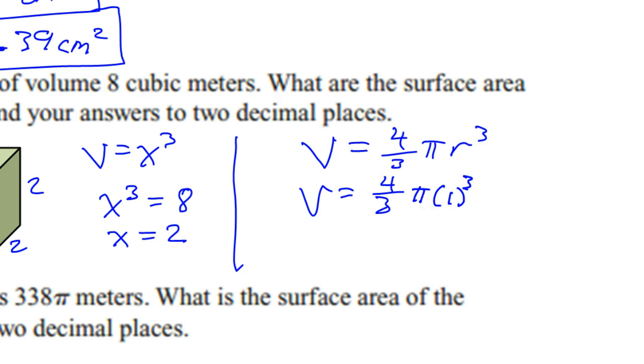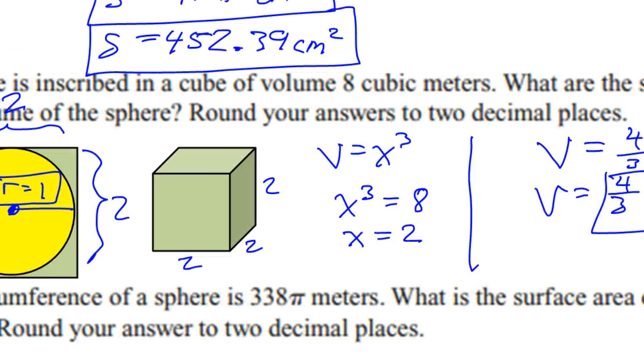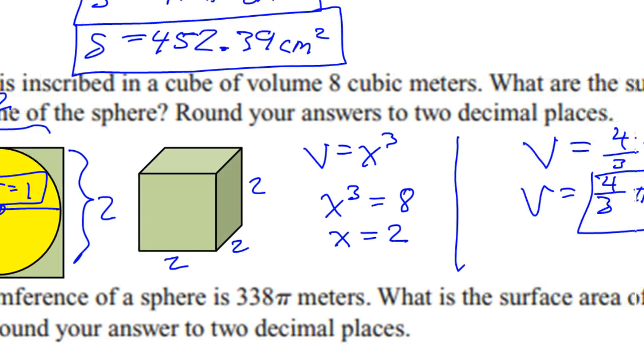So I could just erase the 1 to the 3rd power. So there's my volume right there, 4/3 pi, because it's 4/3 pi times 1. And so I can just say the units. Since we had meters, this will be cubic meters for volume. So that's the volume.